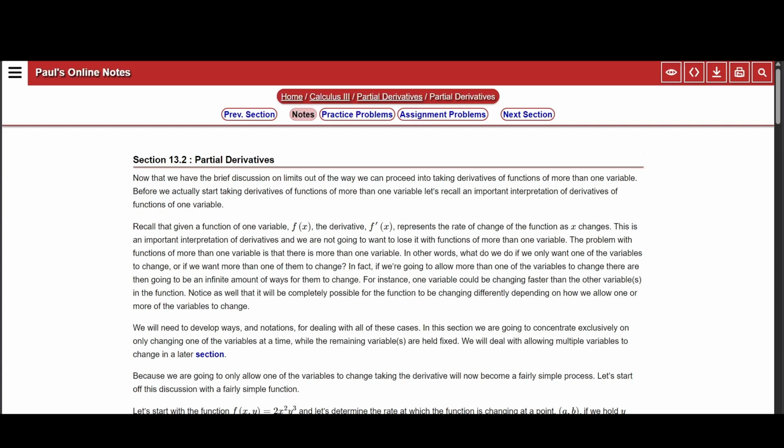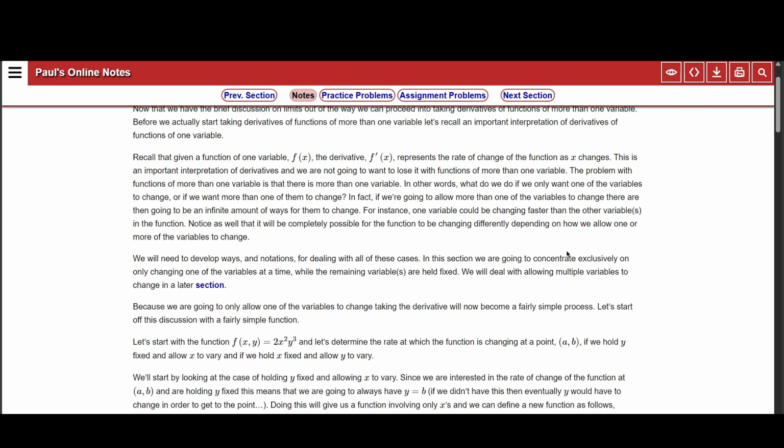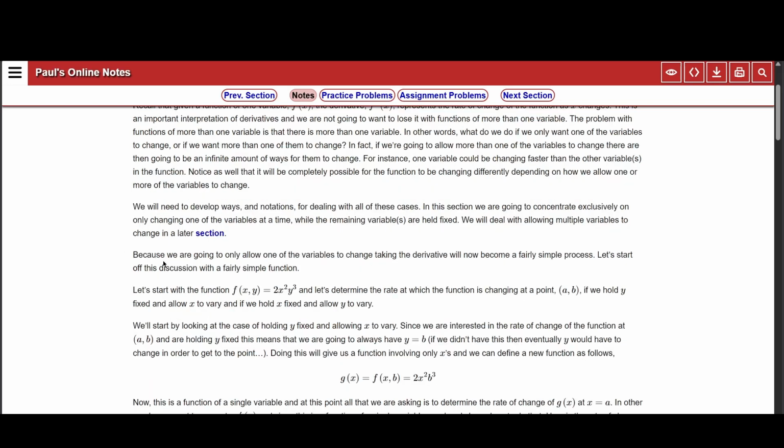Now, partial derivatives are kind of like the extended, upgraded version of derivatives. So instead of just one variable, we're trying to track the change in multiple variables in a single function.